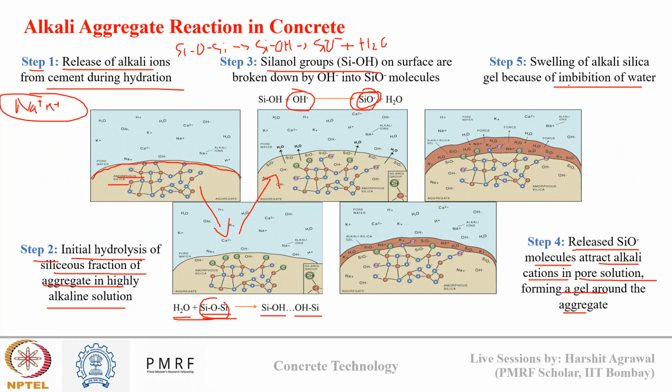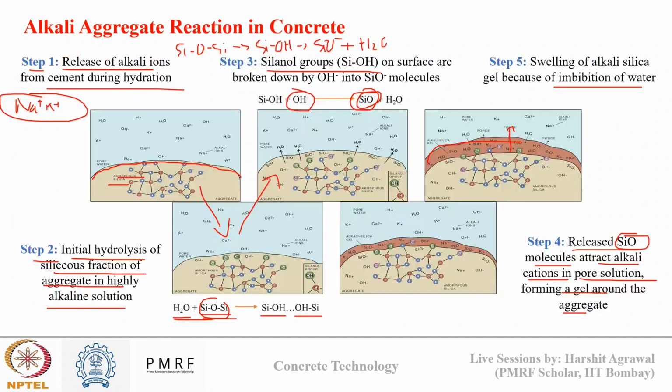Imbibition means absorption of water. So the gel that is formed due to the reaction of released silica from aggregate and alkali ions swells up in the presence of moisture. And this swelling pressure gives rise to cracking in concrete, which gives rise to alkali silica degradation due to alkali silica reaction.